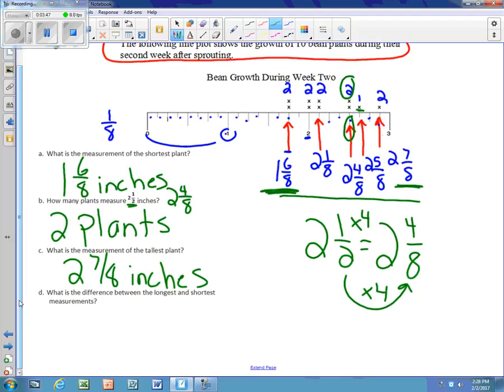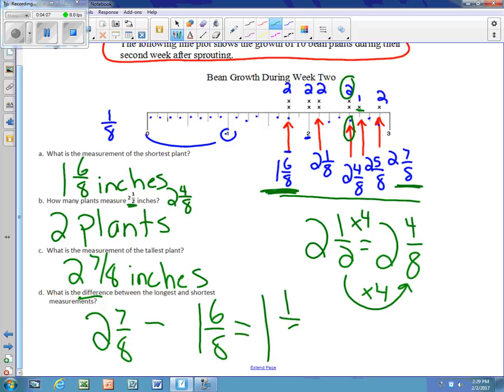Many of you can do parts of these in your head, but by showing your work, you get rid of your careless errors, and you also can get points in case you do make an error. So my longest one is 2 and 7/8. My shortest one is 1 and 6/8. And it asked me to find the difference. Difference means to subtract. And I end up with 1 and 1/8 inches.